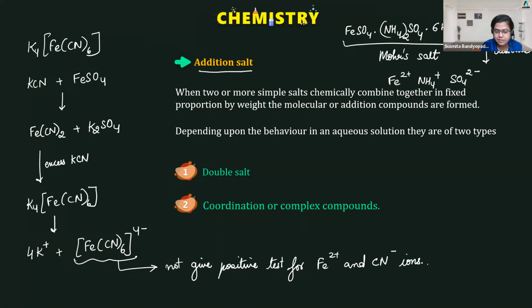These ions have lost their individuality and become someone else. The properties of the complex ion are completely different from those of the individual ions it is formed from. Got some idea? Now we'll discuss more.